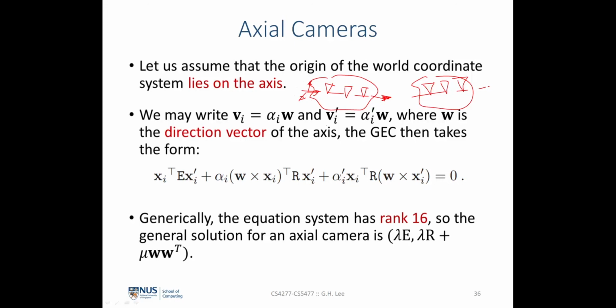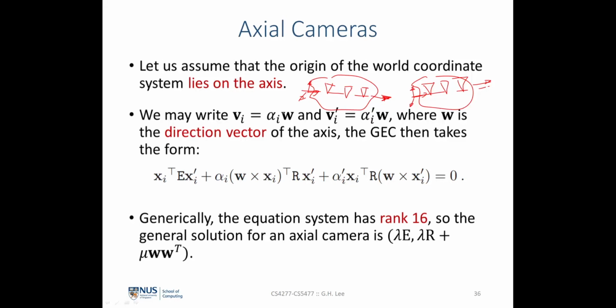And similarly for Vi prime in the second view. Here, these two are the same camera except they are in two different views. And what this means is that the axis is still going to be along the direction of W, except now there's a different scale of alpha i prime in the direction of the axis.